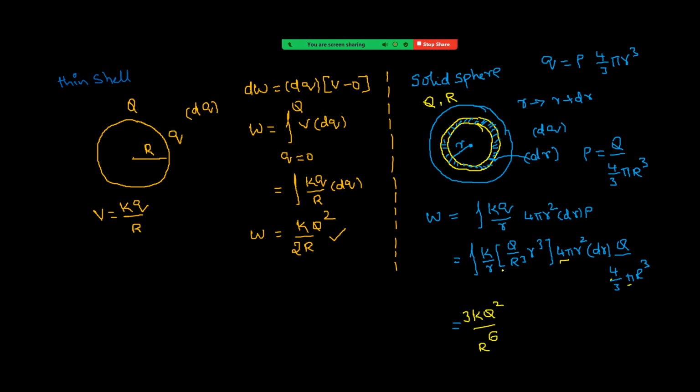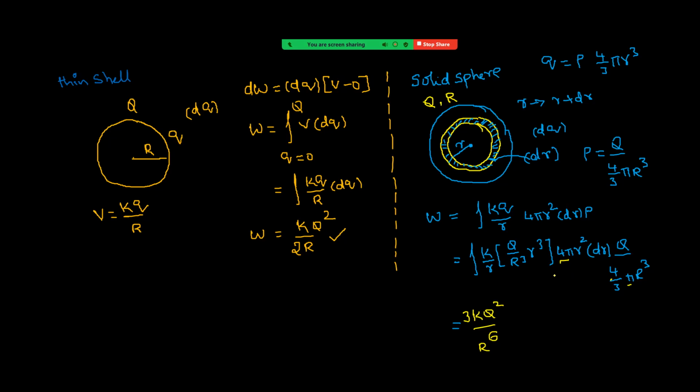See what else is left here. R cube, r square, r power 5 dr, right? R power 5 dr, integration of r power 5 dr, then see what we get.